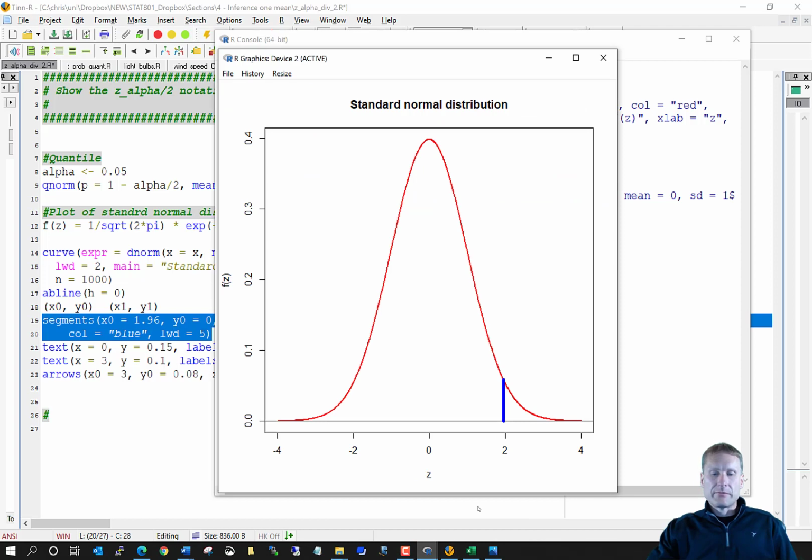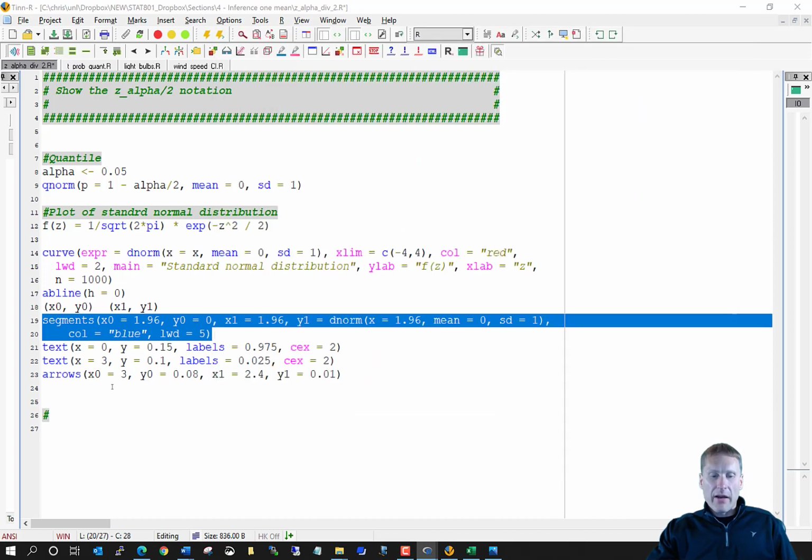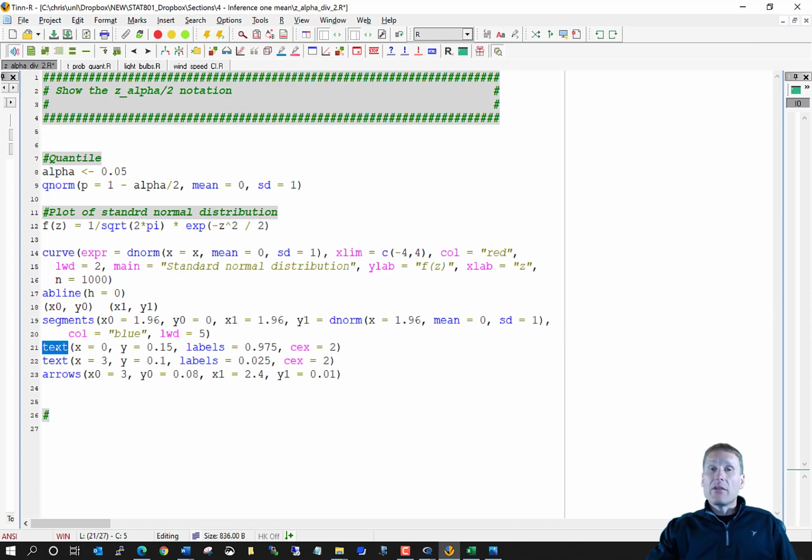And here we go. Now let's do some nice labeling. I would like to label that the area underneath this portion of my curve is 0.025, and the area on this portion of the curve is 0.975. To do that, I can use a function called text. I'm going to put text on my plot. Where do I want to put it?